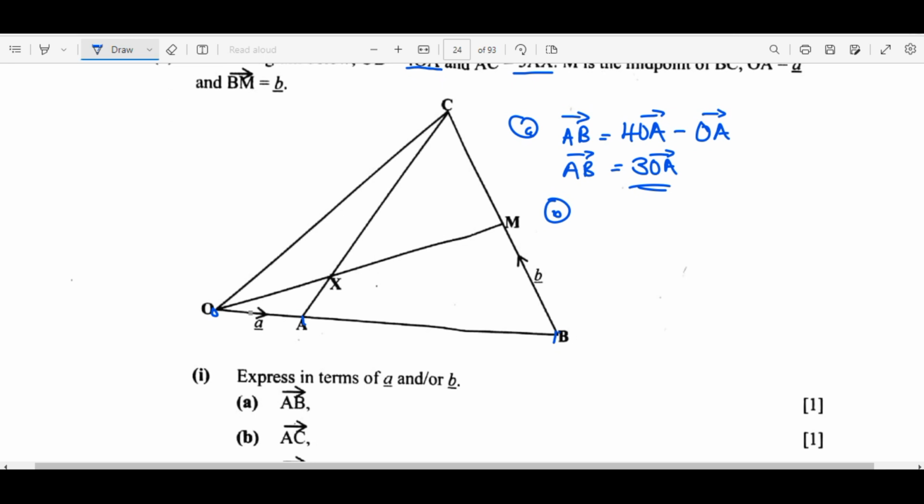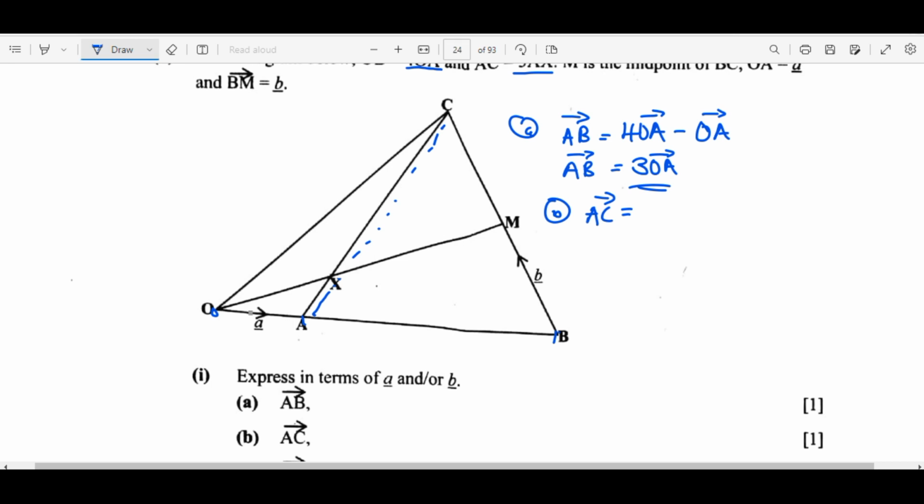So B is AC. So AC here, we are moving from A up to AC. Which route are we going to use? We're going to use B here. We're going to use this direction because this one we've answered.